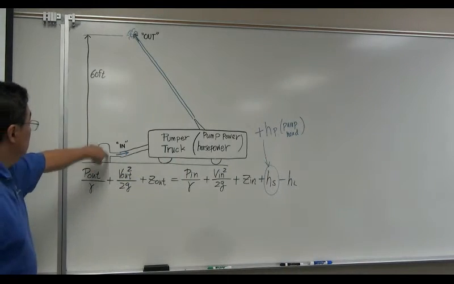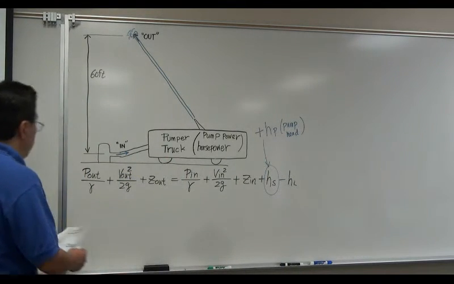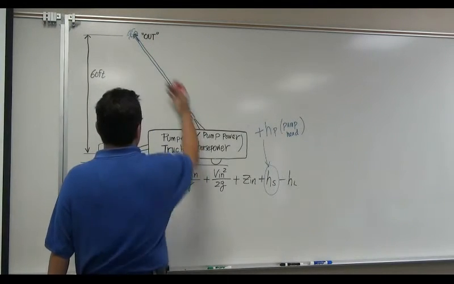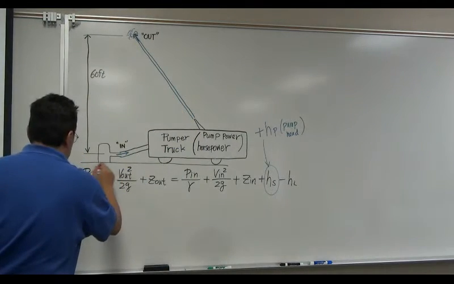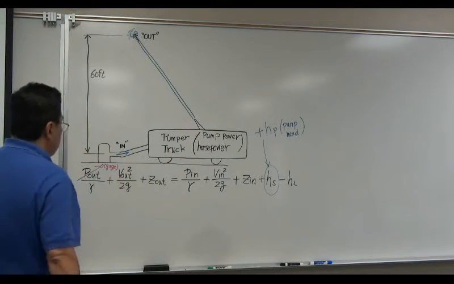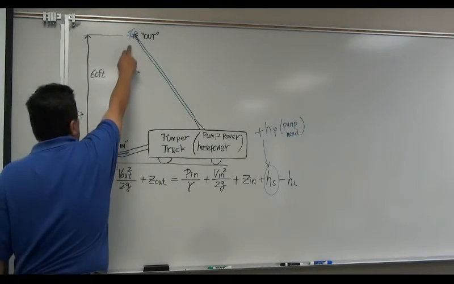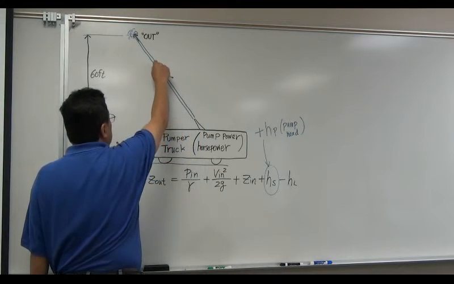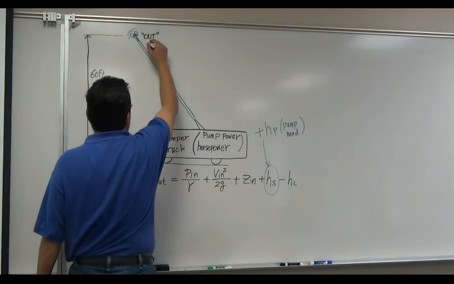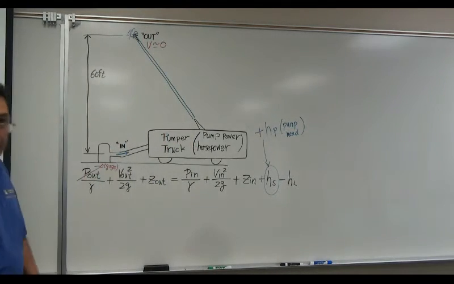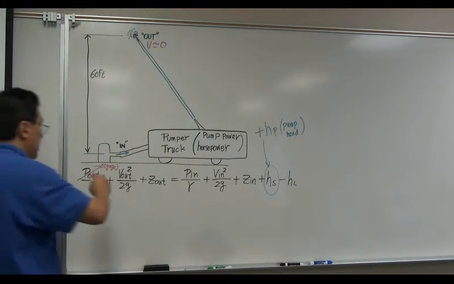This is the inflow, this is the outflow right here. Pressure, this is of course local atmospheric, this is a free jet. This is zero gauge. Velocity at the outflow right here: the velocity is really high speed at first, but gradually loses speed, and right here velocity is approximately zero, reaching the 60 feet, the absolute maximum height.